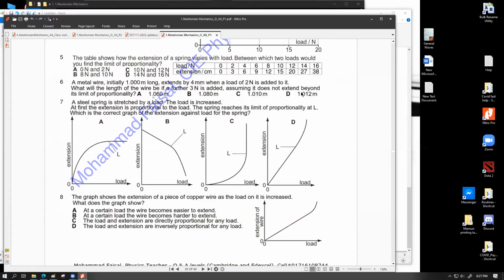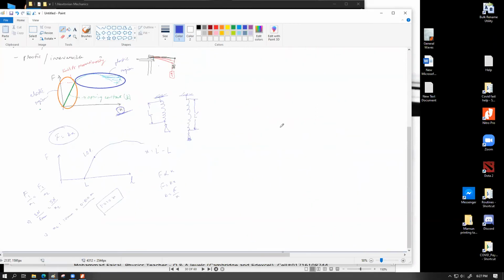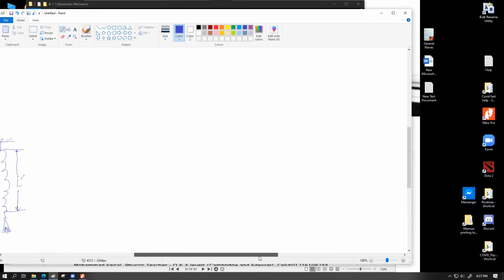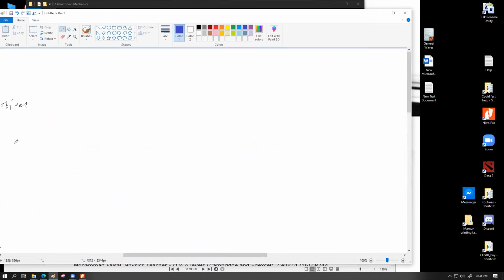Let me elaborate what easier or harder to deform actually means. What I want you to understand is this: if we plot on the same graph the force exertion for two different metal wires, let's say one wire has a force exertion graph that looks like this.